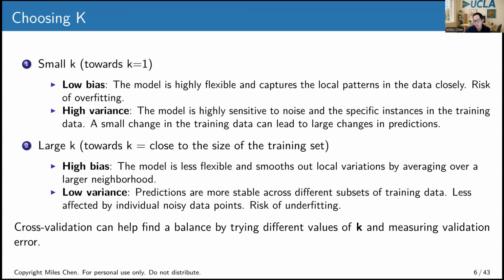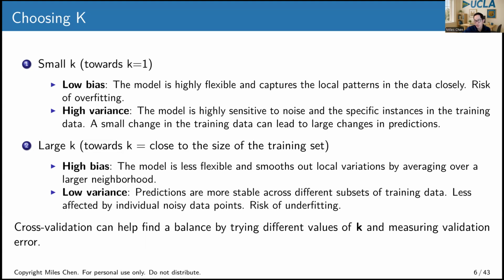Another thing you have to consider is what value of k, how many neighbors, you should use in your model. If you choose a small k, your model ends up being super flexible, and it's going to capture local patterns very closely, but you run the risk of overfitting your data.